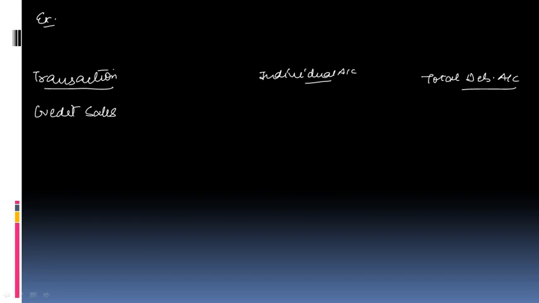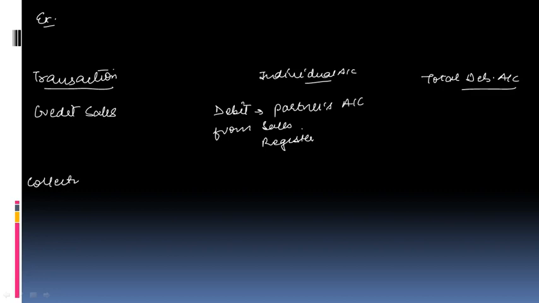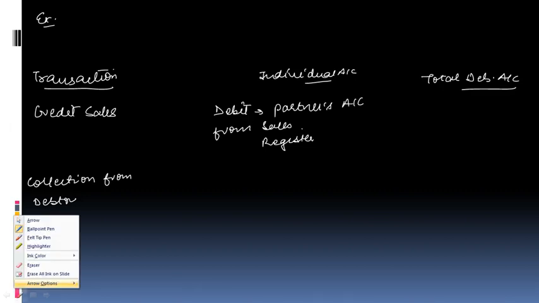Sir, credit sales, we are going to debit party's account from the sales register. Okay. But when it comes to collection from debtor, now what are you going to do?